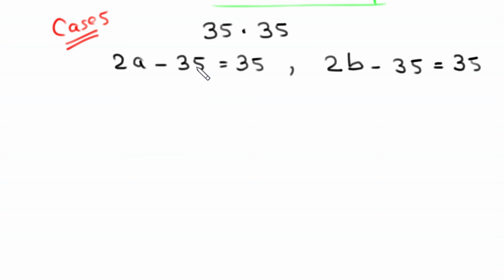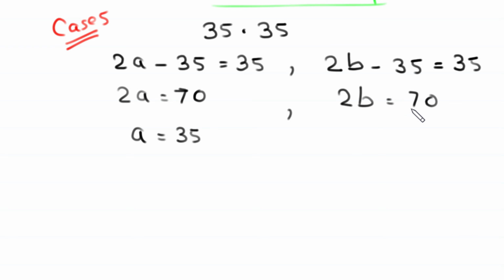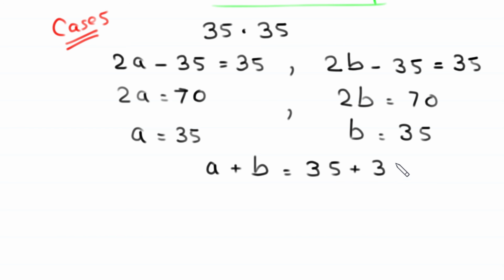Add 35 to both sides of this equation. This implies that 2a equal to 70, and a is equal to 35. And from this equation, add 35 to both sides. This implies that 2b equal to 70, and b is equal to 35. It means that a plus b will be equal to 35 plus 35, which is 70. From the fifth case, we get the fifth solution of this equation, 70.